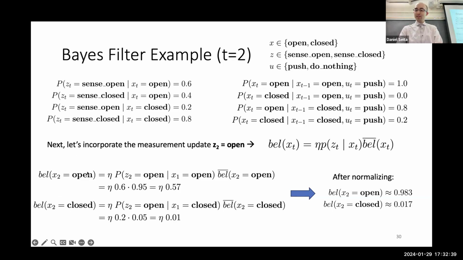We have x2 is open and x2 is closed here. This is the belief that we're trying to compute. And we can't have x2 here because we're conditioning on something. We don't know what x2 is, so we just assume that we know what x1 is, and that's the prior x.